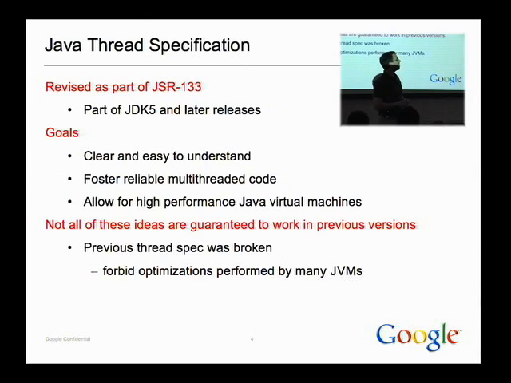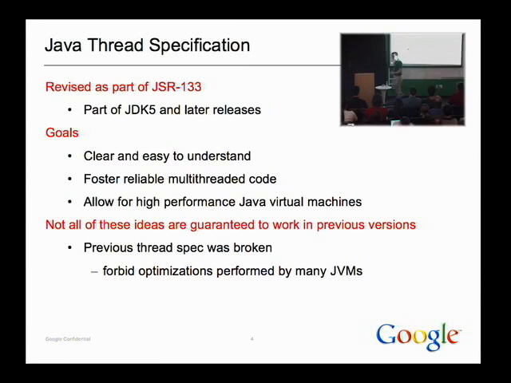The goal is then so that programmers can look at it and write reliable multi-threaded code that they know what it's going to do, and that compiler writers and VM designers could also look at it and say, I'm performing this compiler optimization, this transformation, that's a legal transformation. As a JVM writer, I have to provide this guarantee and that guarantee, and really know what they were supposed to be doing.